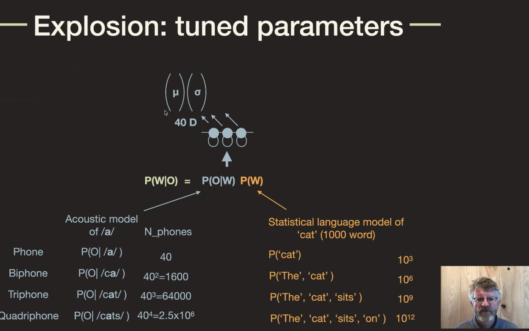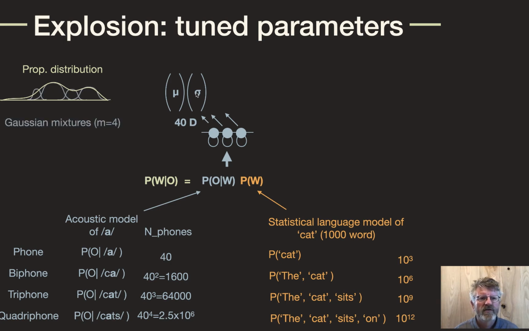And each of these 40 dimensions corresponds to a probability distribution that is typically not well described by a single average and a single standard deviation. So what we typically do is that we have so-called mixtures, and those mixtures approximate part of the probability distribution. So in this case we needed 4, so we need to estimate then 4 averages and 4 standard deviations.